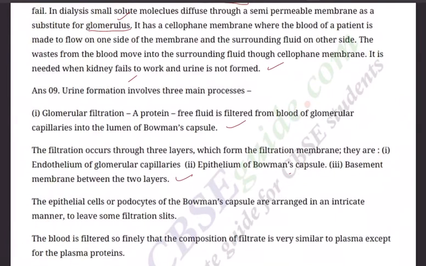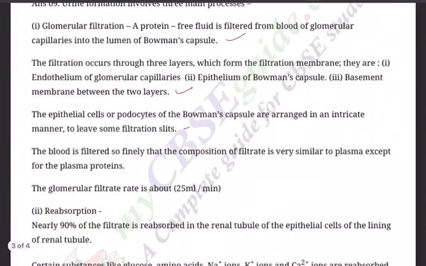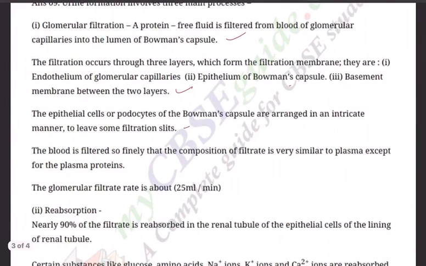The epithelial cells or podocytes of the Bowman's capsule are arranged in an intricate manner to leave some filtration slits. The blood is filtered so finely that the composition of the filtrate is very similar to plasma except for the plasma proteins. The glomerular filtration rate is about 25 ml per minute.